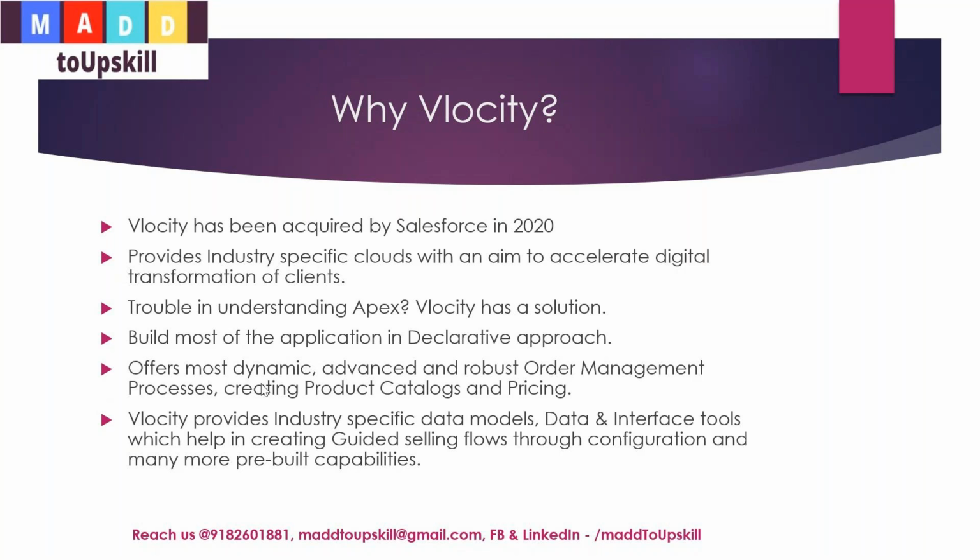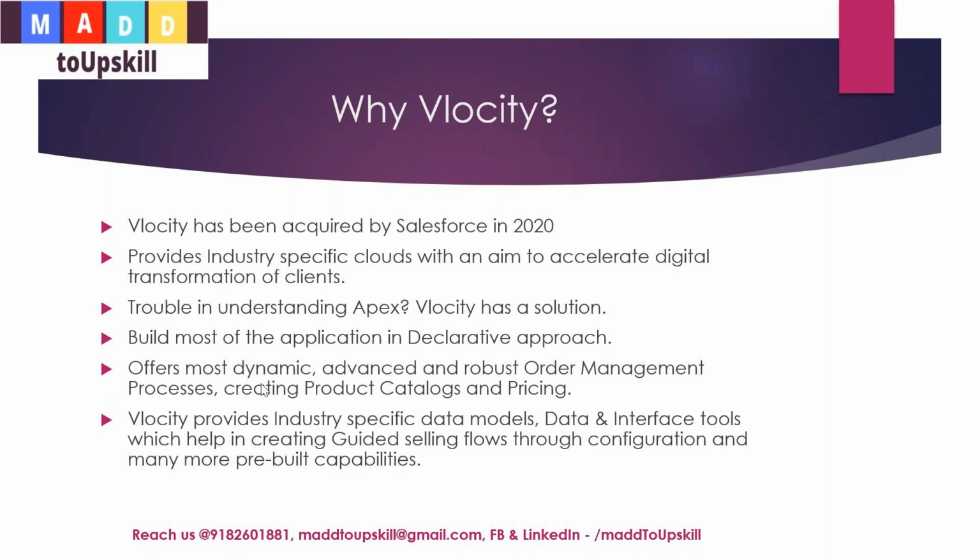Velocity offers industry-specific data models for various industries, and it also provides components which are data and interaction tools. Using these components, whatever you can do using code, you can achieve through configuration.